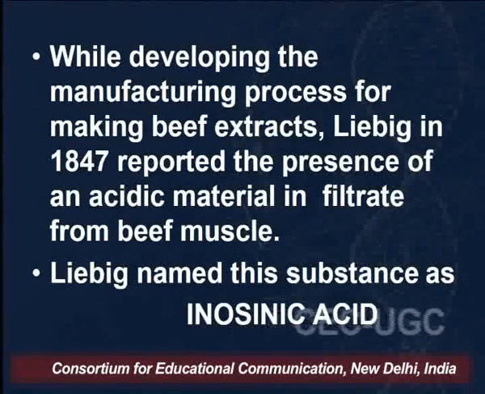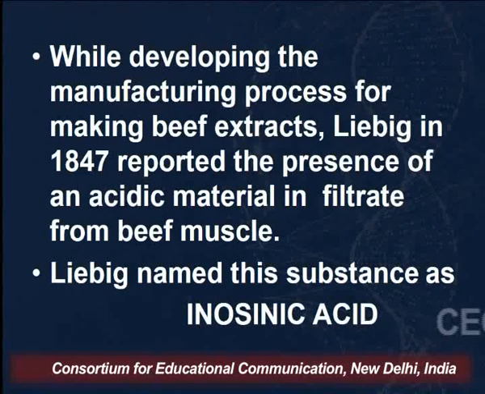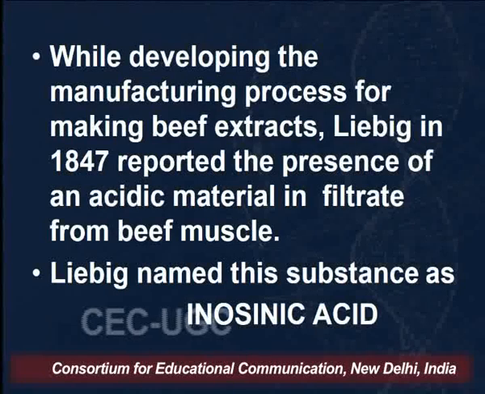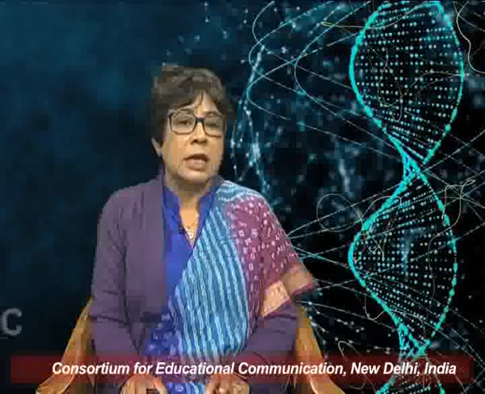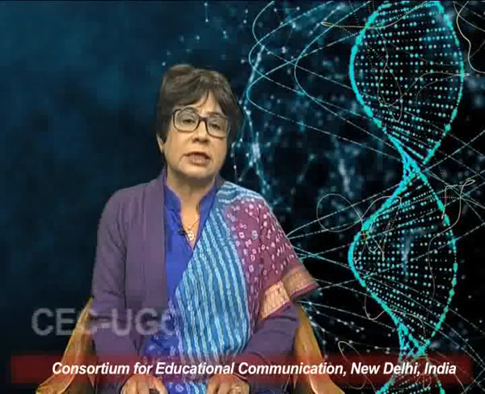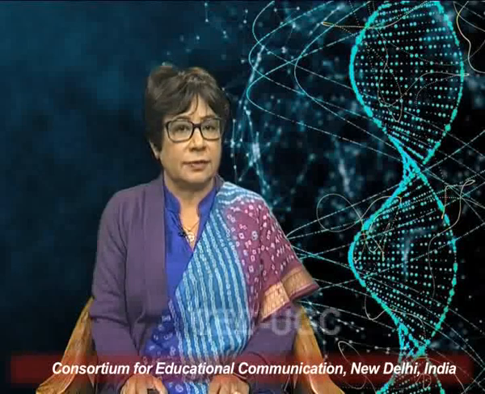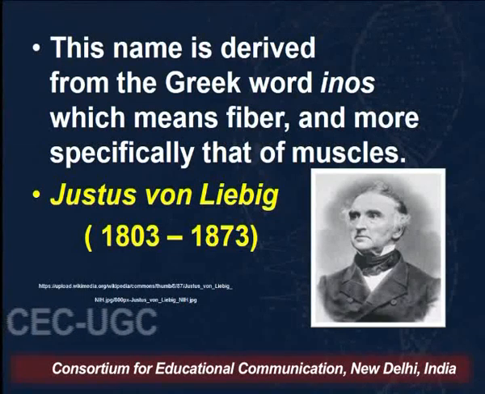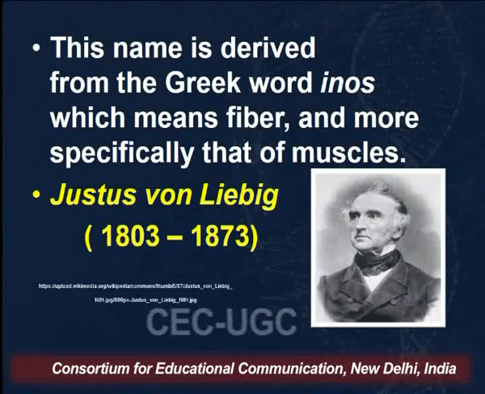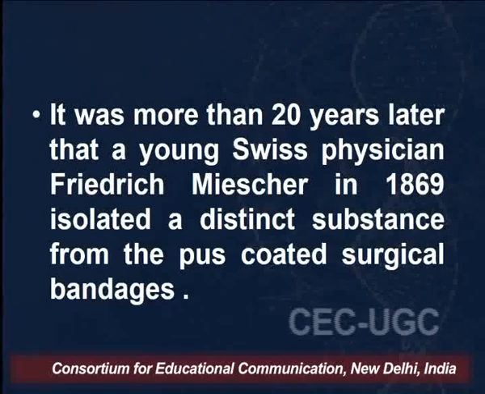While developing the manufacturing process for making beef extracts, Liebig in 1847 reported the presence of an acidic material in filtrate from beef muscle. Liebig named this substance inosinic acid. This name is derived from the Greek word inos, which means fiber, and more specifically that of muscles.